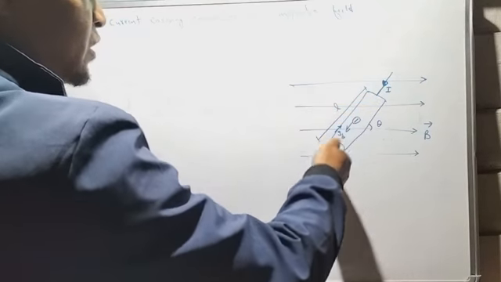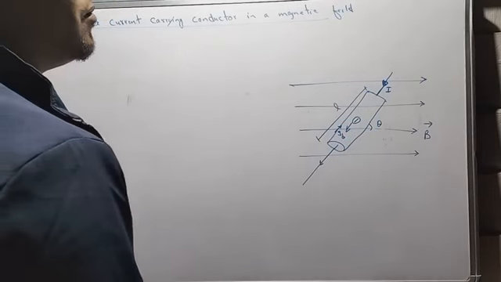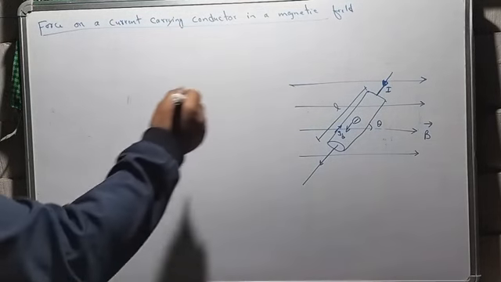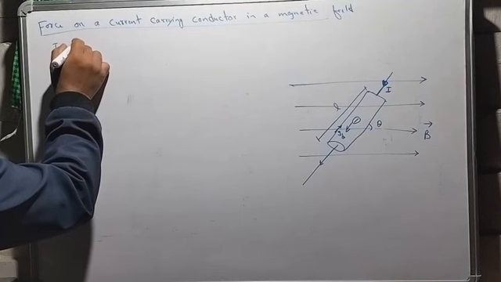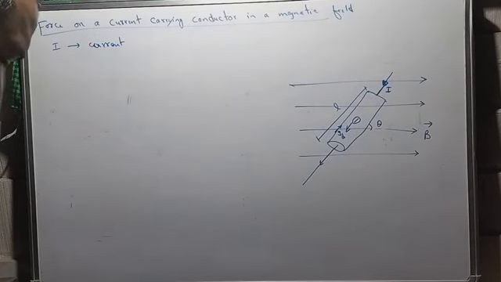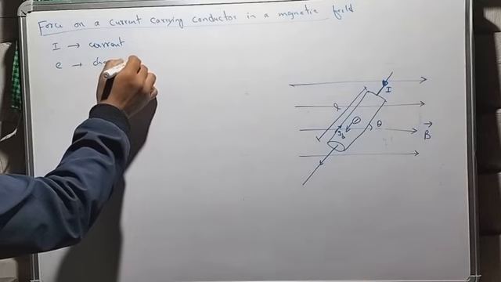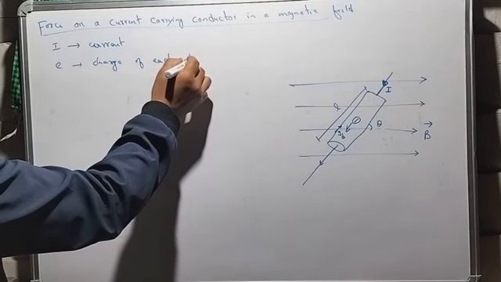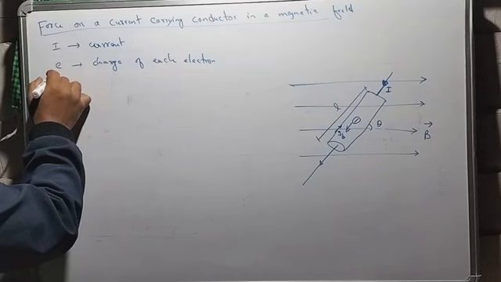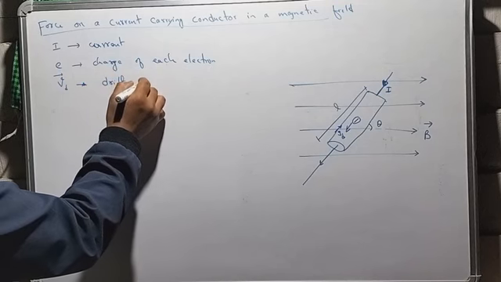So when these moving free electrons are placed in a magnetic field, they will experience a magnetic force. Suppose I is the current passing through the conductor, and e is the charge of each electron. Each electron drifts with a velocity known as the drift velocity.